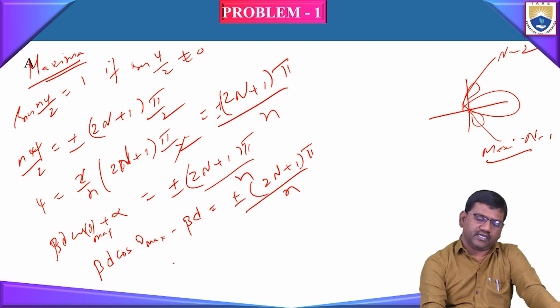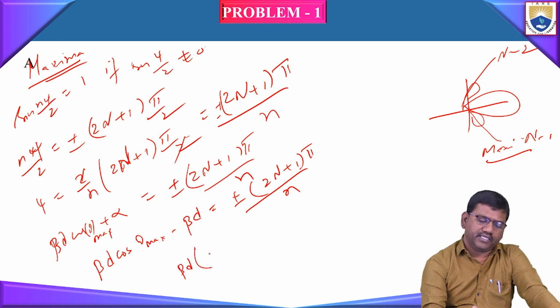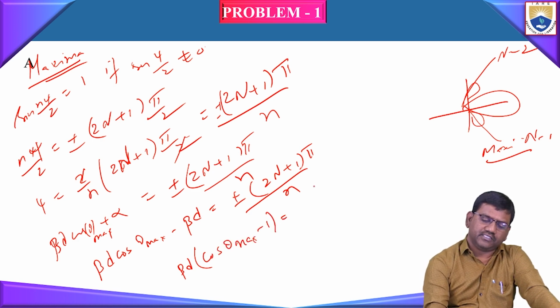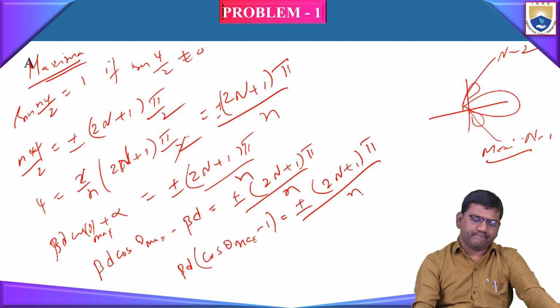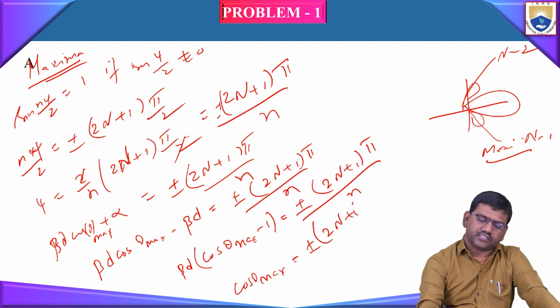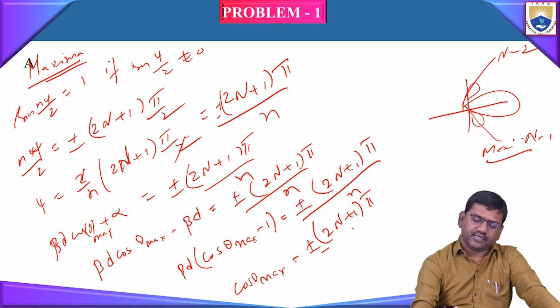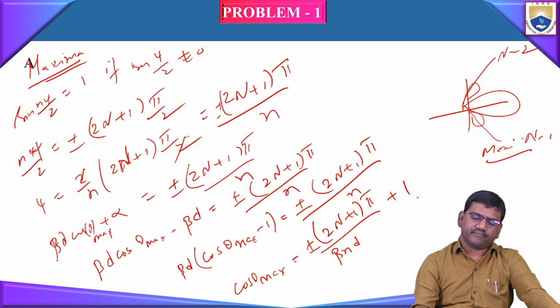So from this equation, we can take the value of β d as common. So β d into (cos θ max minus 1) is equal to plus or minus (2N+1)π/n. So from this equation, you will get cos θ max is equal to plus or minus (2N+1)π divided by β n d, plus 1.